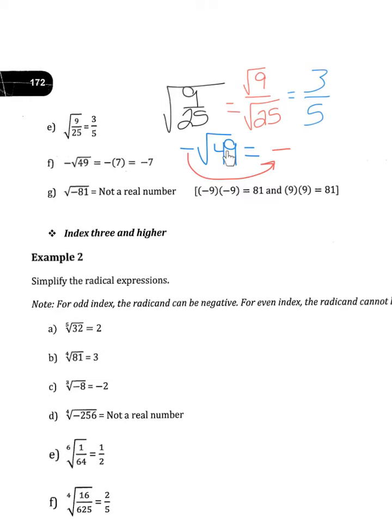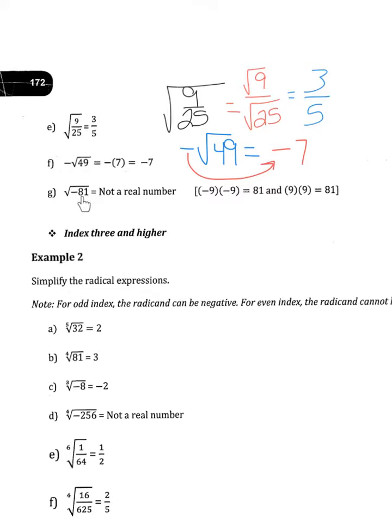The square root of 49 is asking you for what number, when I multiply it times itself, makes 49, and that is 7. So this turns out to be negative 7. We read this as the negative square root of 49. The negative sign comes straight over. The square root of 49 is 7, so the answer is negative 7.